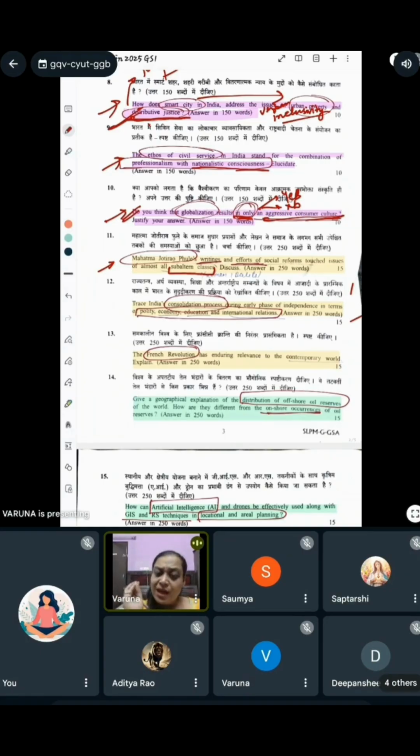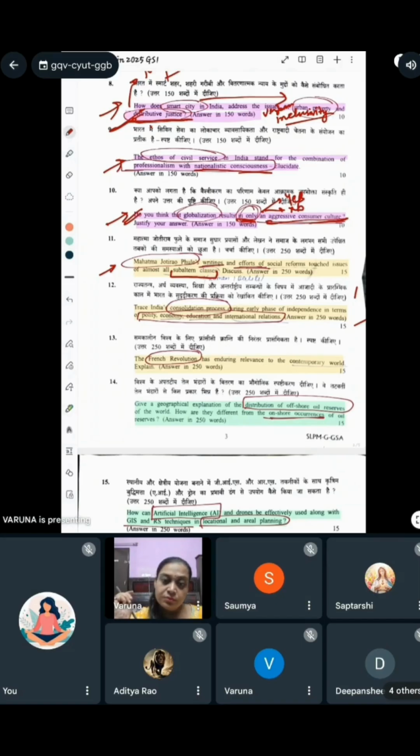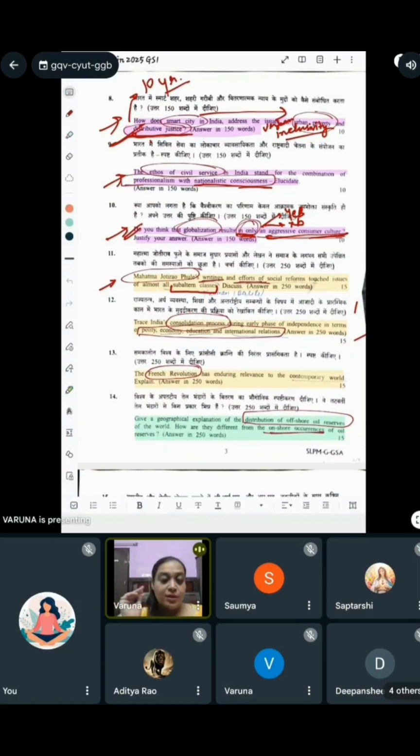What is the meaning of that? Anyone knows? No? Yes? Okay. So subaltern classes are the deprived classes, the disadvantaged groups. That is the subaltern class.